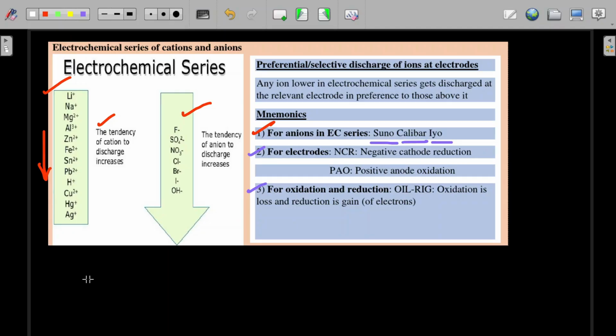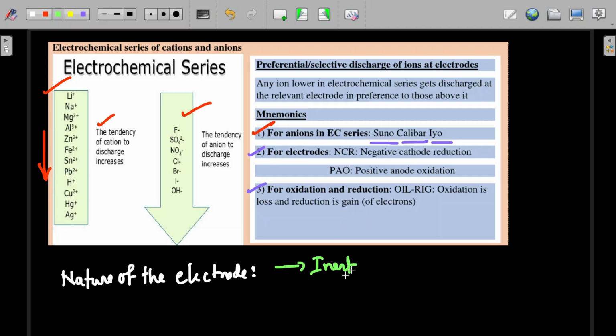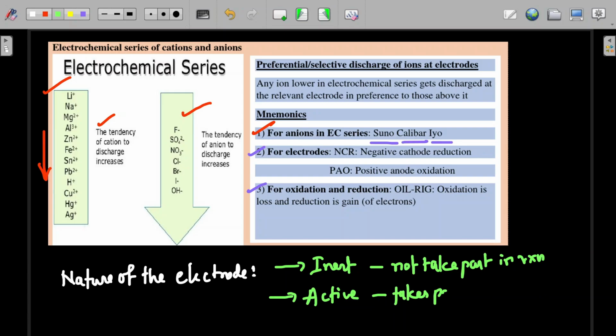So this is one thing. Another point which affects the preferential discharge is the nature of the electrode. I'm not talking about cathode and anode. I'm talking about whether it is inert or active. Inert electrode means it will not take part in the reaction. But if it is an active electrode, it actively takes part in the reaction.